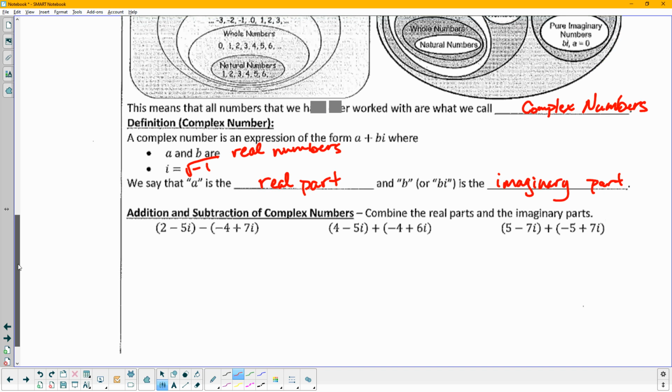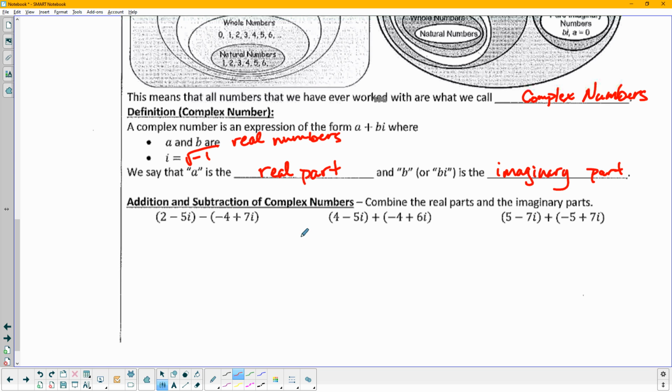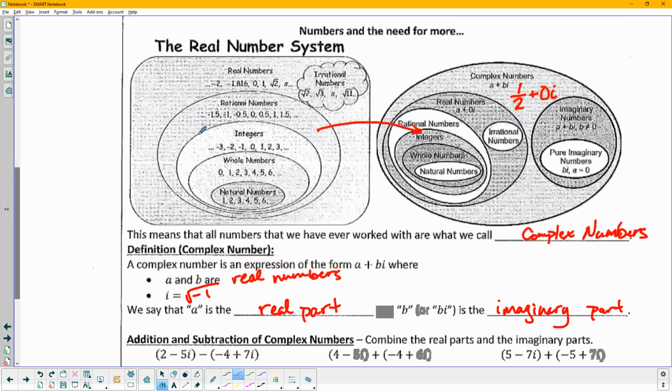Now, for adding and subtracting complex numbers, I do want to say there is a difference between complex numbers and imaginary numbers. It's a very subtle and technical difference, in that you can use the two phrases to mean the same thing. But complex numbers can be all of these real numbers that we've always worked with, where imaginary numbers technically can't.